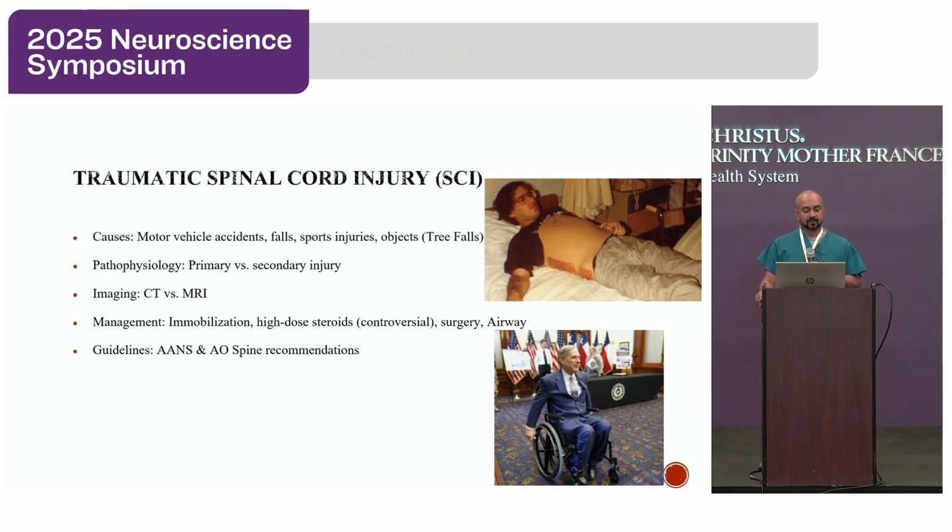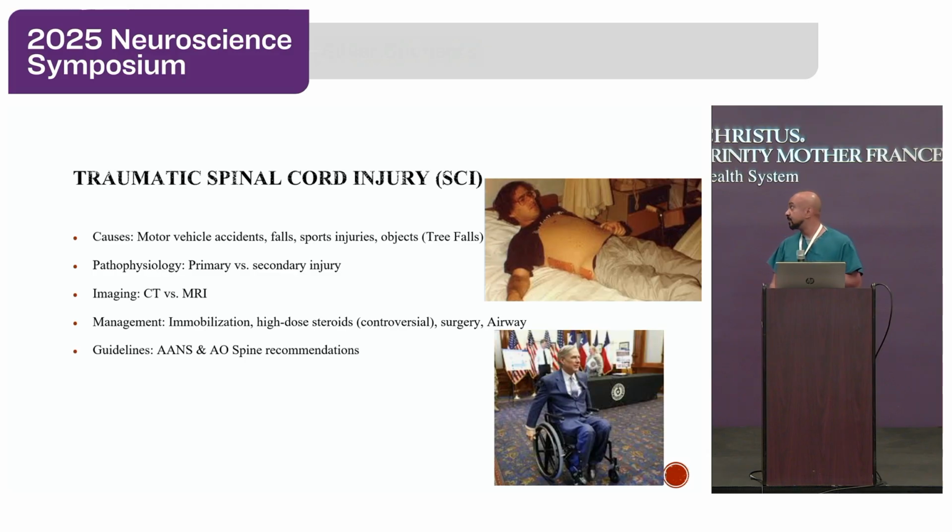So let's talk about the traumatic spinal cord injuries. Causes of these, we see a lot in Texas: motor vehicle accidents, falls from roofs and ladders, and also sports injuries once in a while. Tree falls are very common, especially here in East Texas. Tree service personnel come with limbs hitting their lumbar region and coming with paraplegia.